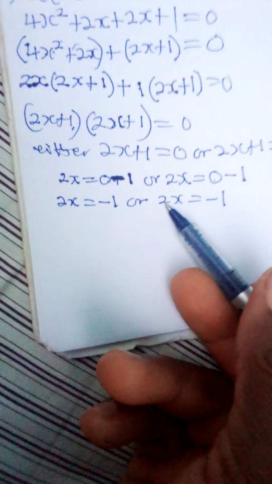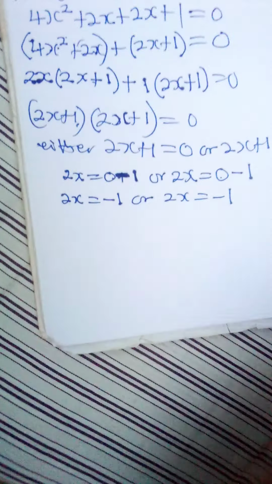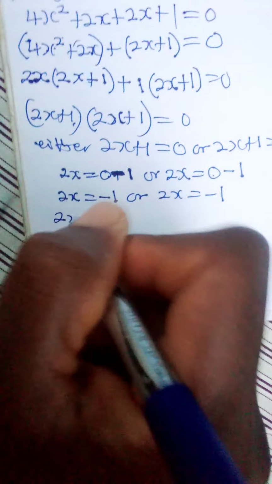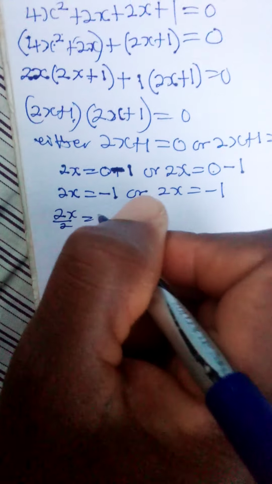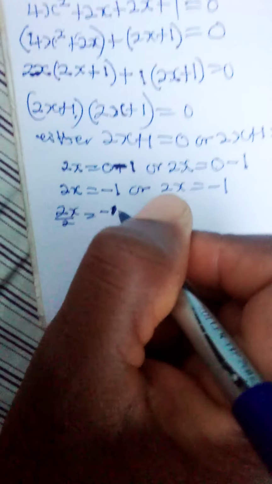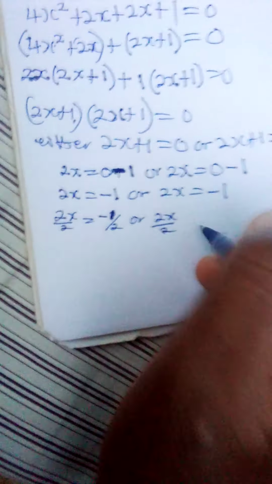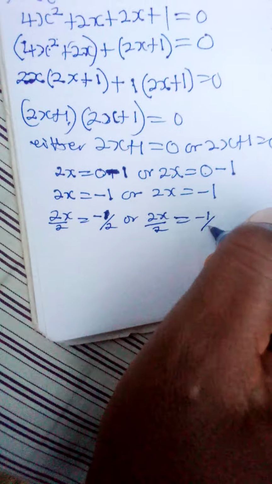The both of them, this x has coefficient which is 2, this x also has coefficient which is 2. Divide all through by 2, so that it will be 2x all over 2 is equal to minus 1 all over 2, or you have 2x all over 2 equal to minus 1 all over 2.